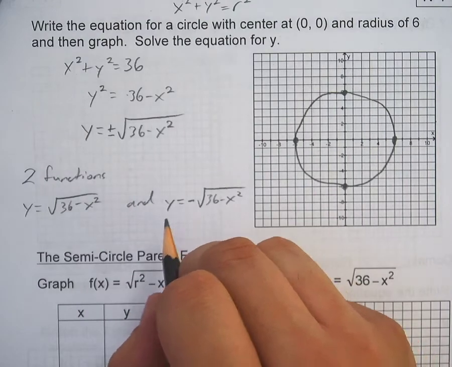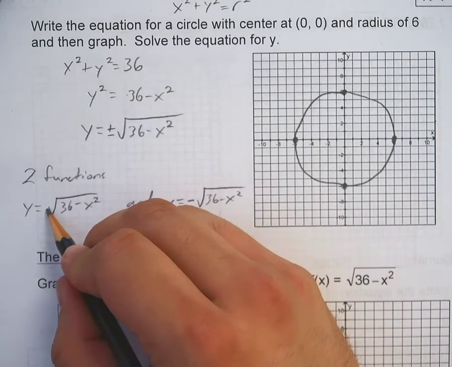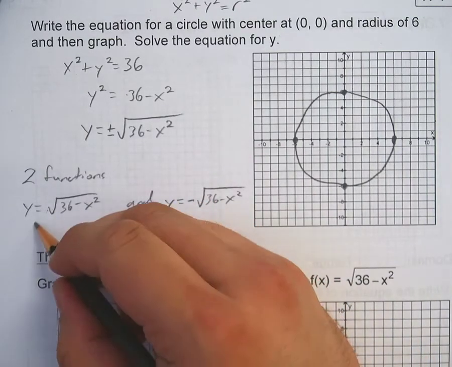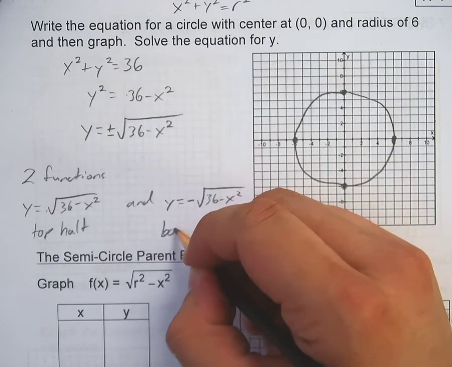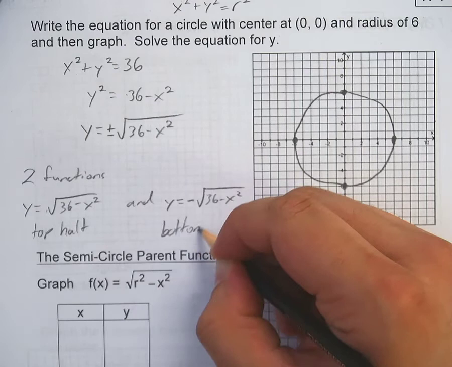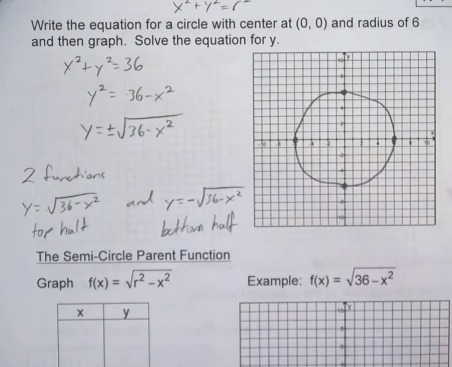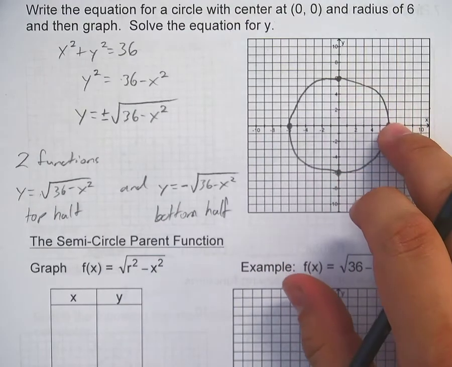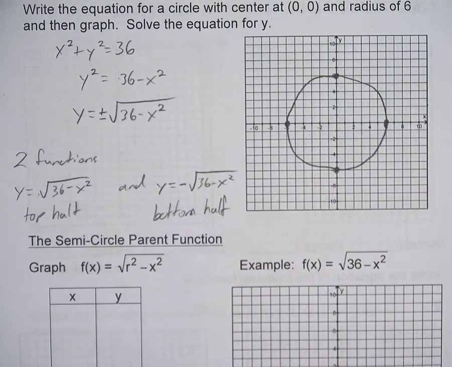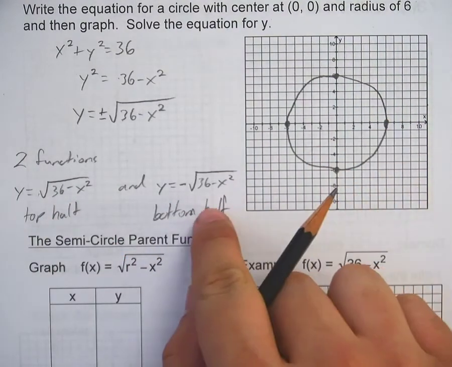Now what this means for you, this is the positive side. This is when y is positive. This is the top half of that circle, and this is the bottom half. So the top half, everything above the x-axis is this guy. The bottom half, everything below the x-axis is this guy.